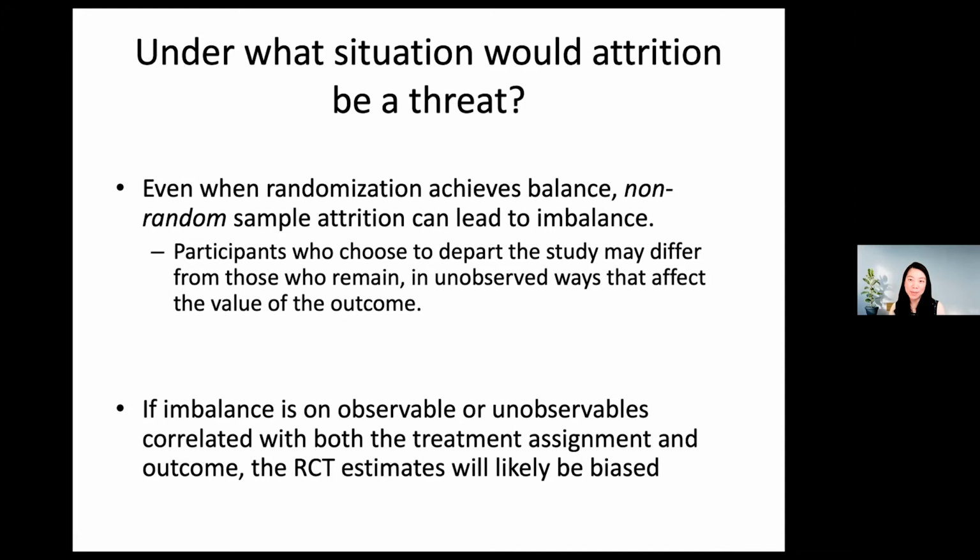But sometimes attrition could be a threat to our experiment, because when we design the experiment, we want the randomization to make the two groups, control and treatment, achieve a balanced level, meaning the only difference is one gets treatment and the other doesn't.